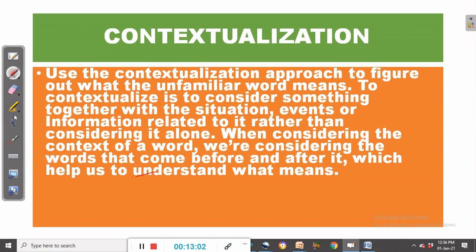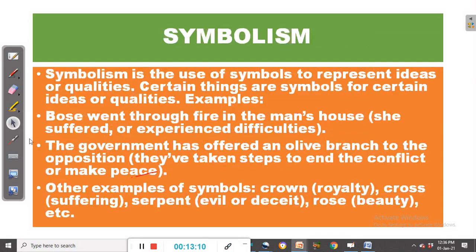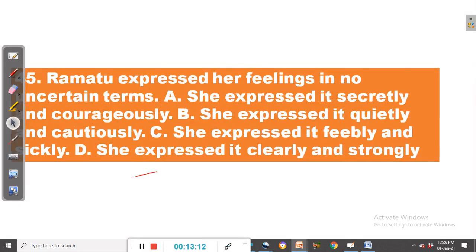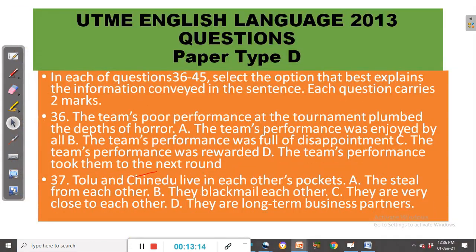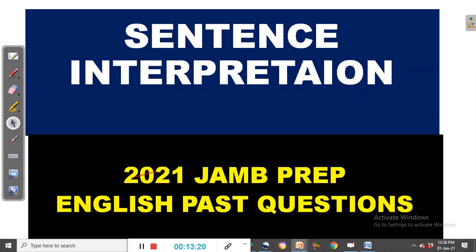Now, having looked at these devices or methods, let's now go back to use these devices and try to answer the questions. Don't forget that we are looking at 2021 JAMB preparations, English past questions.